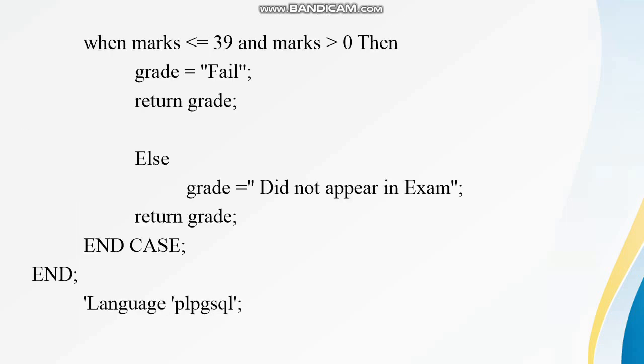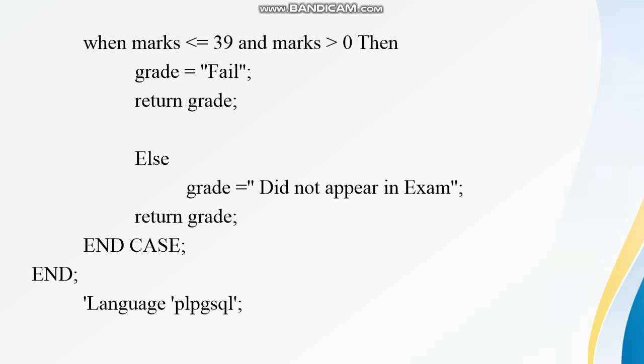When marks is greater than or equal to 40, then return the value of grade as pass. Next, when marks is less than or equal to 39 and marks is greater than 0, then return grade as fail. Else, grade is 'did not appear in the exam', so it will return that particular message. Then end case and end, language plpgsql.